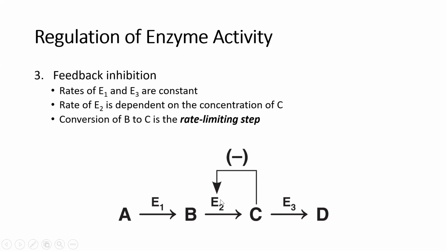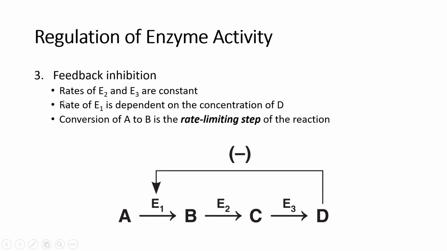That would facilitate slowing down the amount of product C being produced, okay? This is one example of regulating the enzyme's activity: if there's too much product being created, the excess product will essentially turn the enzyme off, or at least slow down its activity, in a way to decrease the amount of that product being built up.